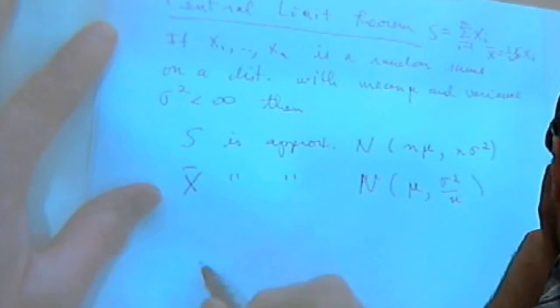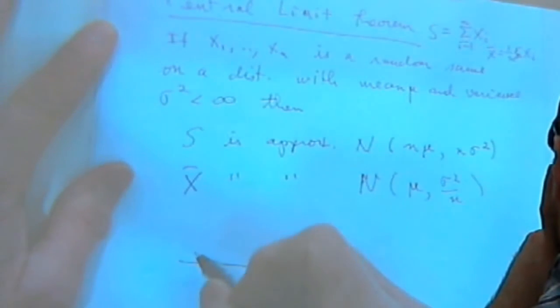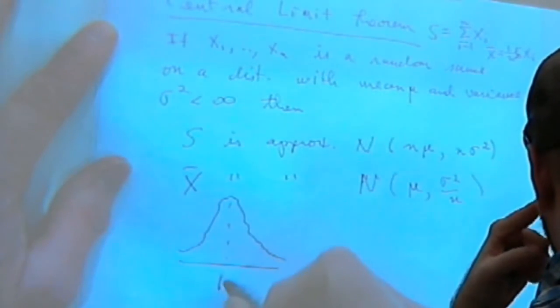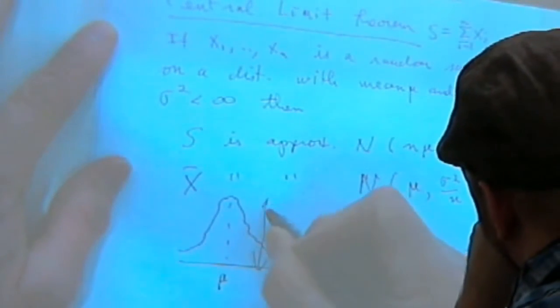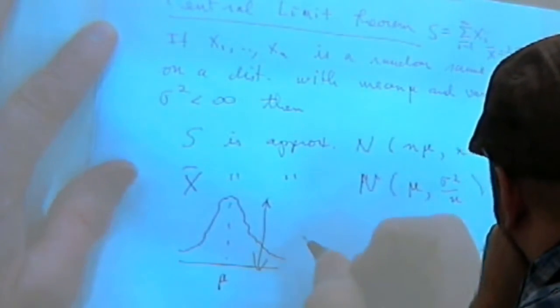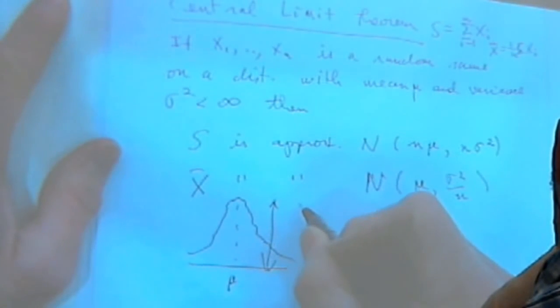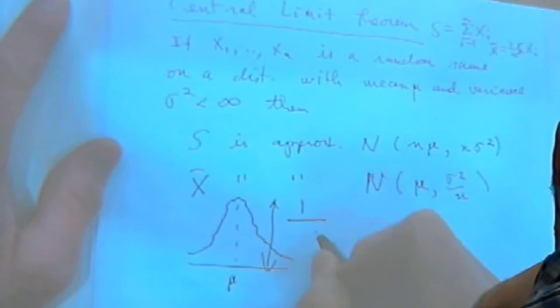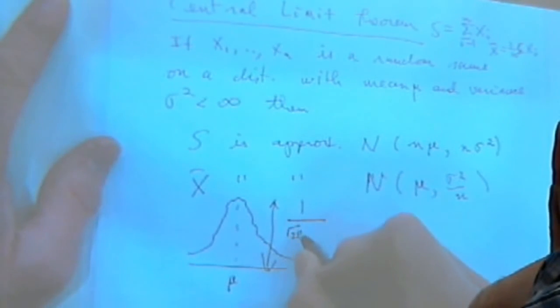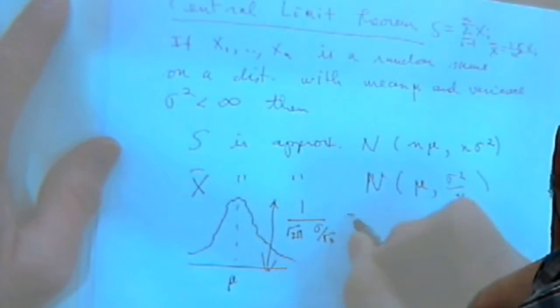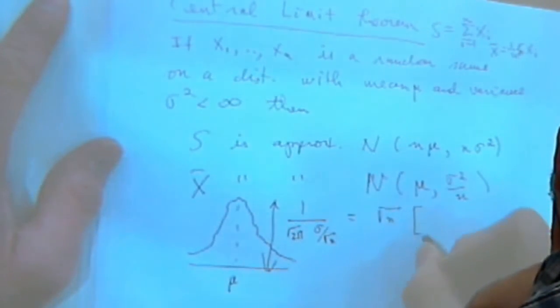So the distribution of X bar is approximately normal, and I always draw a visual picture. Its height is going to infinity as n gets large, because you have that 2 pi, sigma over root n, and the root n goes upstairs.